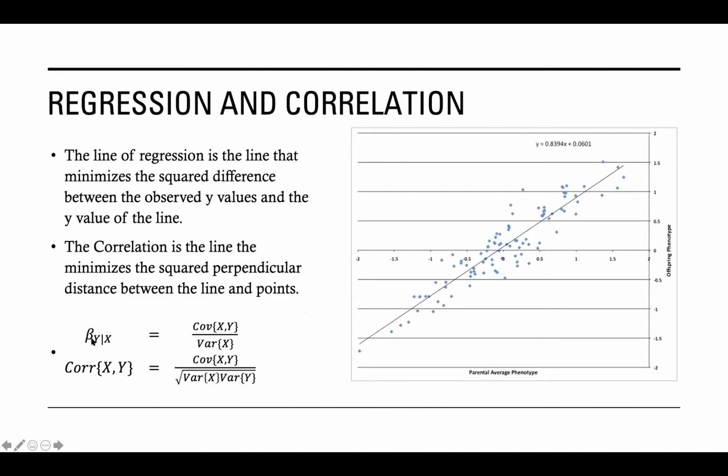it's not very hard to prove, that the slope of the line is given by the covariance between x and y divided by the variance of x. That's the slope of this line.